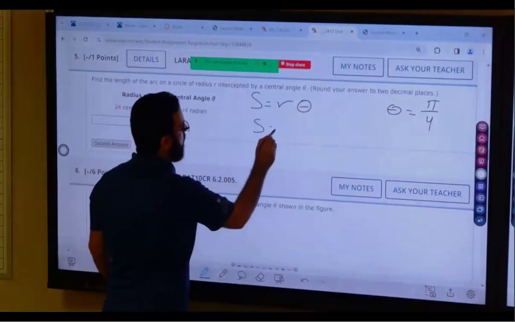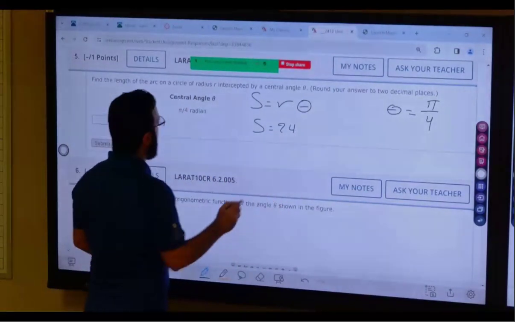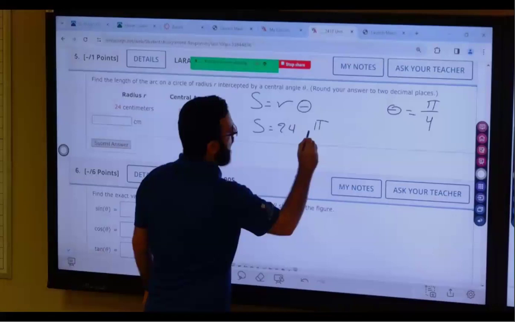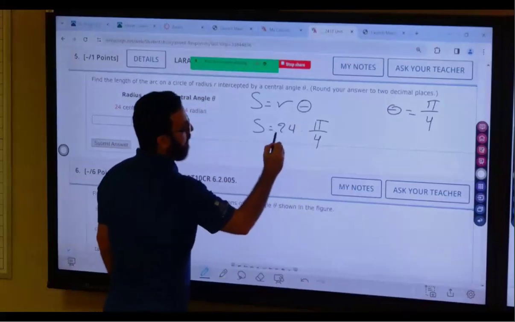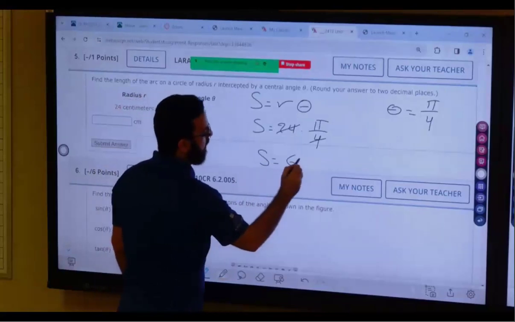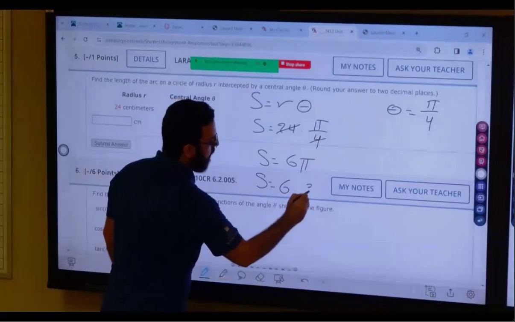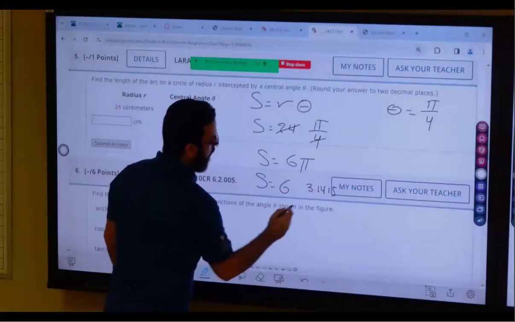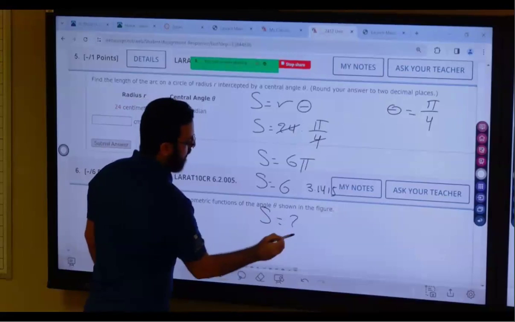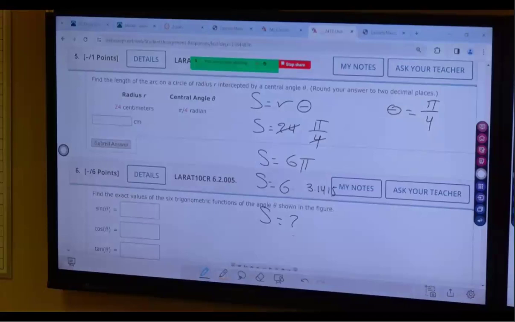That means S is going to be 24, which is the radius, times pi over 4. 24 over 4 is going to be 6, so S is going to be 6 pi. That's the important one.